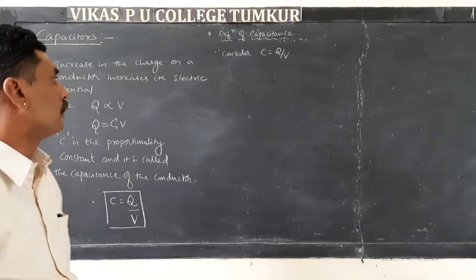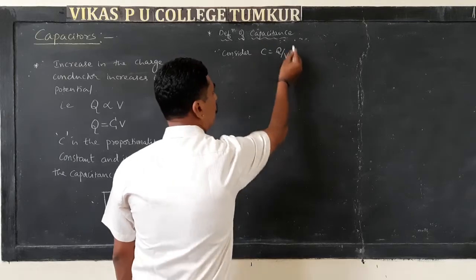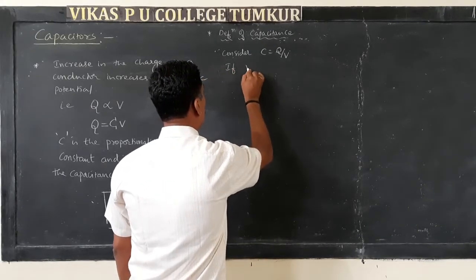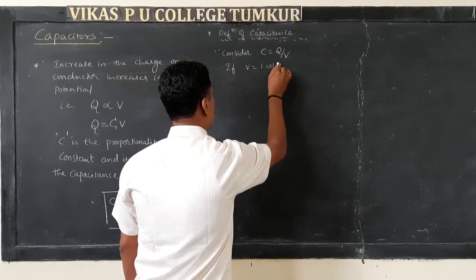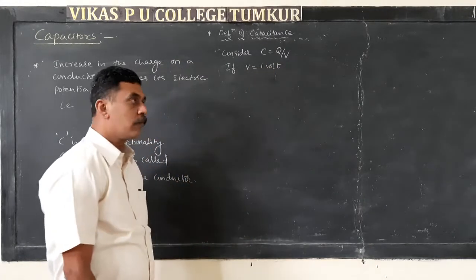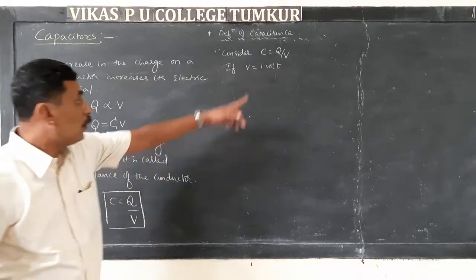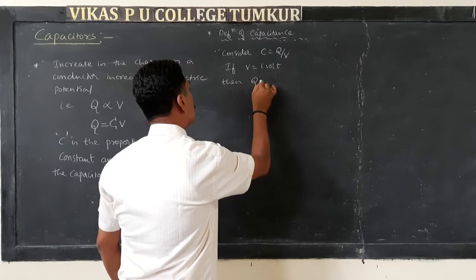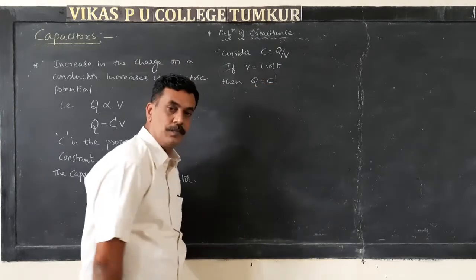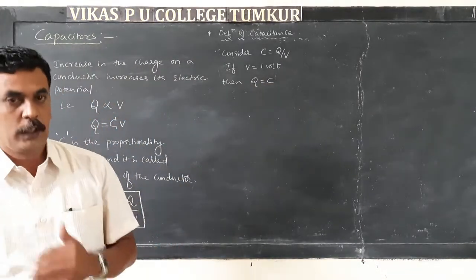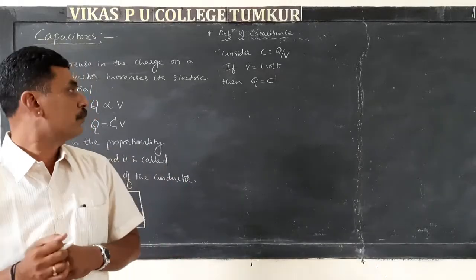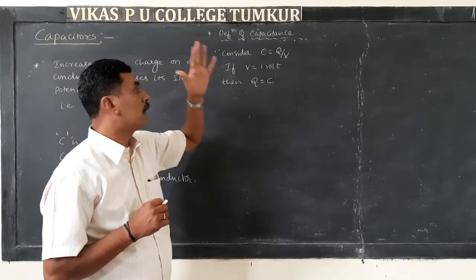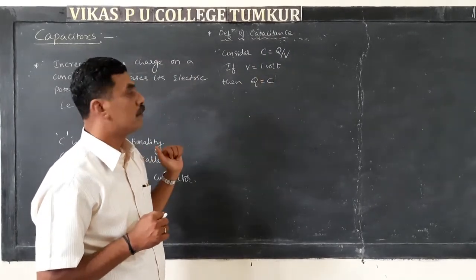In this expression, if you take V as 1 volt, then Q is equal to C. V being 1 volt means Q becomes C. Now based on this I will define the capacitance of a conductor.